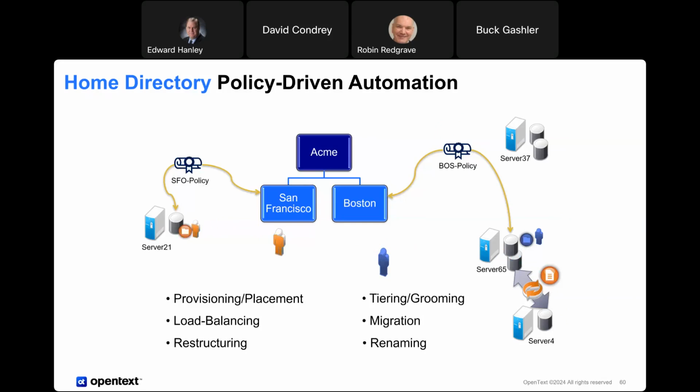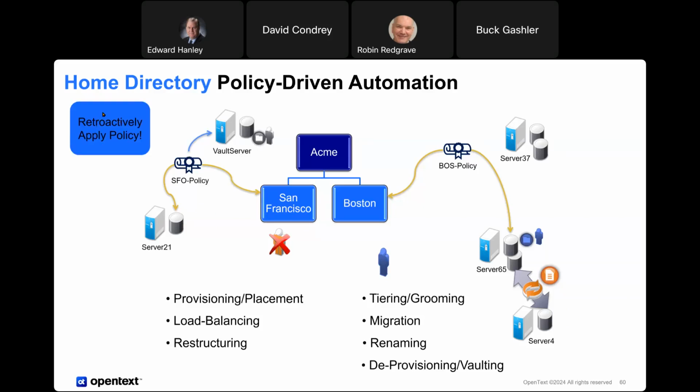Renaming, rename the user. We're going to rename the folder, change the home directory attribute. Deprovisioning or vaulting. Set up vaults in the policies if you want. Then when users go away, we can move the data to the vault, keep it there for some amount of time, delete it. It's really based on the policy.